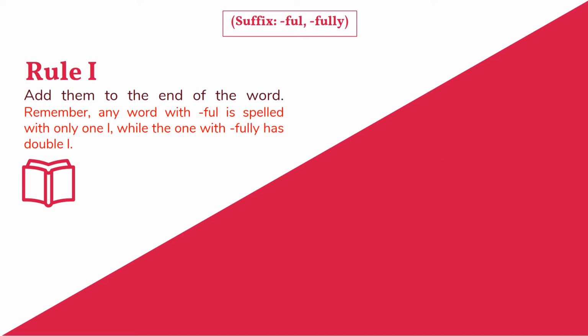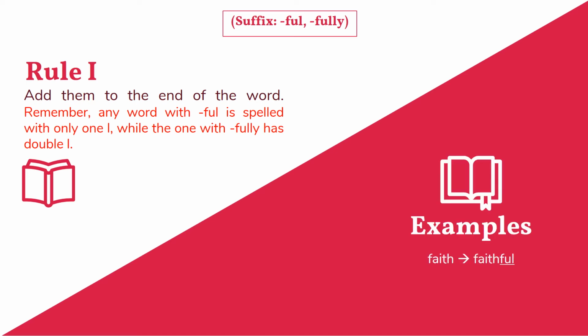Let's see the examples. Faith, faithful. There is only a single L in full, but while we write faithfully, there is double L in it. So keep this in mind. Next example, bucket, bucketful. We have simply added the suffix at the end of the word.